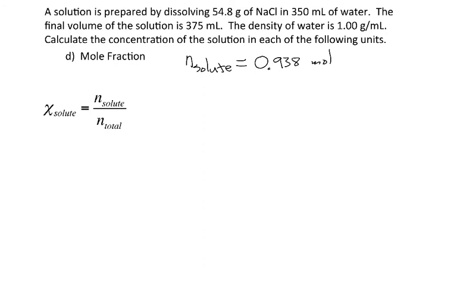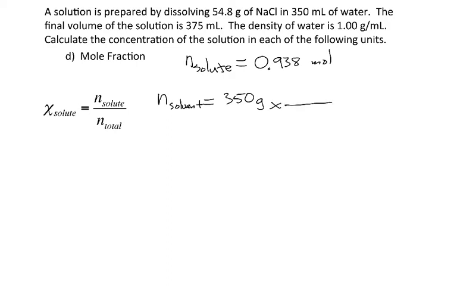We haven't found the moles of water yet, but I can do that, right? We found that we had 350 grams on previous slides. So if I have the mass in grams, I just divide by the molar mass to get the moles. So the moles of solvent, I have 350 grams of solvent.